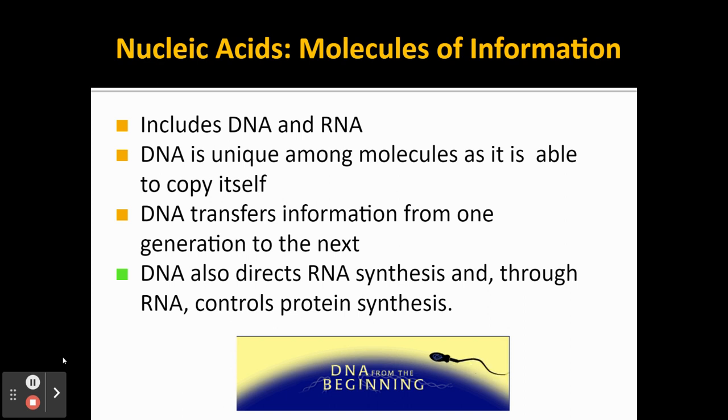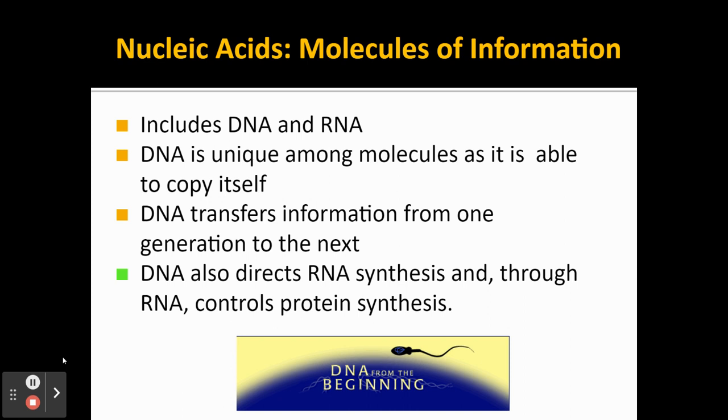They include both DNA and RNA, and the interesting thing about DNA is it can copy itself. The main function of DNA is to transfer information from one generation to the next. Do remember that information transfer is one of the big ideas that we see in biology all throughout whatever we study. And this is probably the biggest.